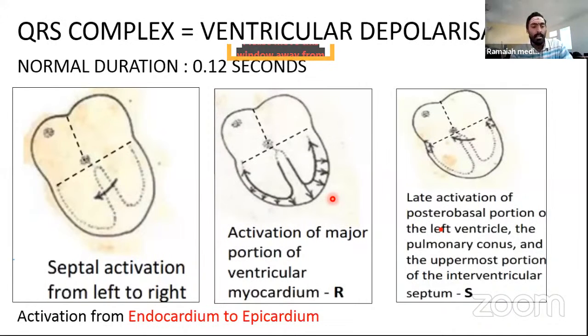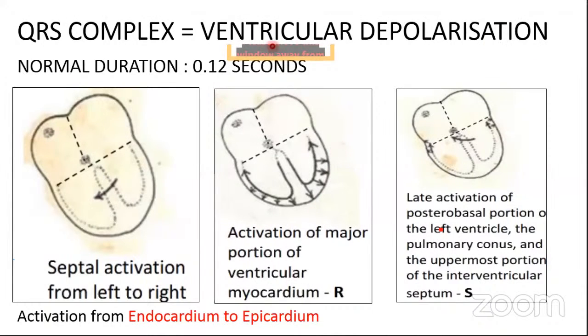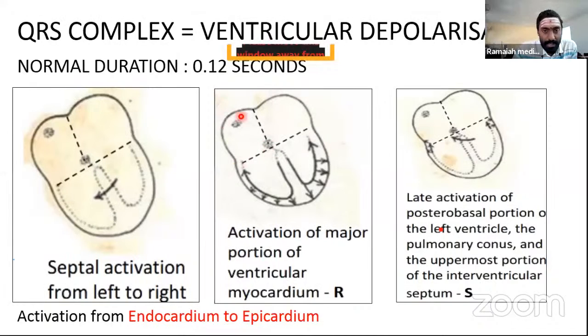Lead 2, 3, yes, good. In the precordial leads, V4 to V6 are predominantly looking at this part, so V4 to V6 will have maximum deflection there. AVR will show completely negative here. And in the limb leads, it is going to be lead 2, lead 1 and lead 3. The maximum will be in lead 2.